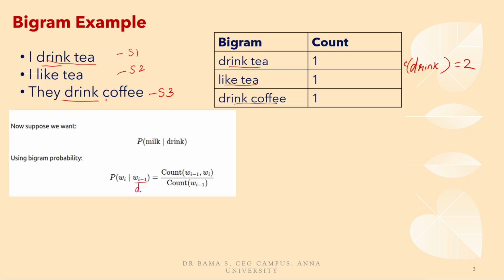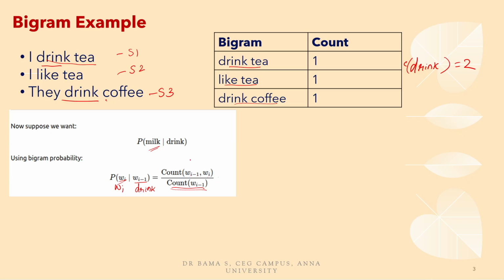How many times drink is appearing comes in the denominator, and how many times milk comes after drink within the whole set of documents given here is the numerator.